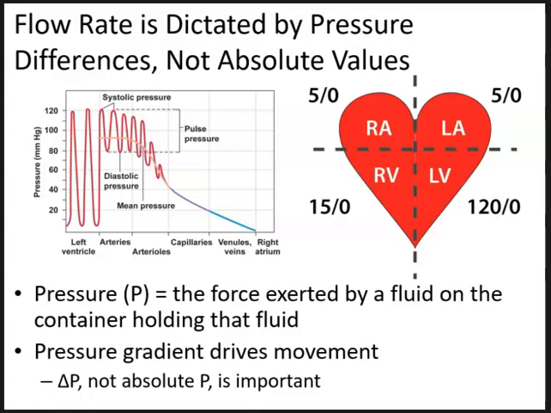The fourth rule is that there are 3 factors that will affect resistance. The first and most important being the radius of the blood vessels, second, the length of the blood vessels, and third, the viscosity, or stickiness or thickness, of the blood or fluid. Fifth rule, flow is usually expressed in either liters or milliliters per minute.